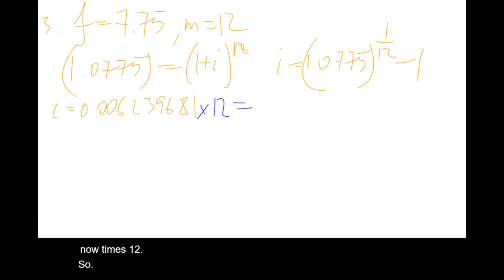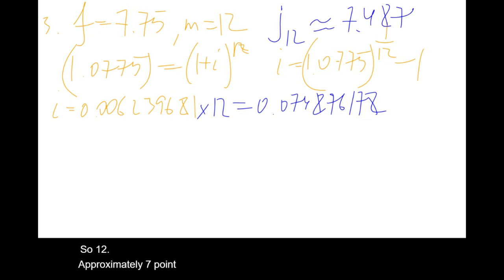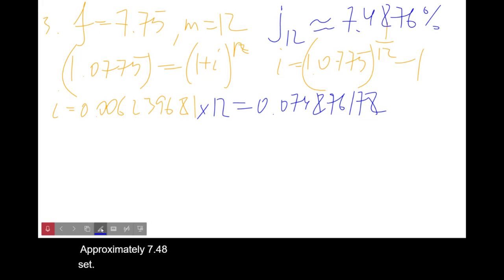Hold on. Okay, everything's fine. So 0.0748767178. So j12 is approximately 7.4876%, right?